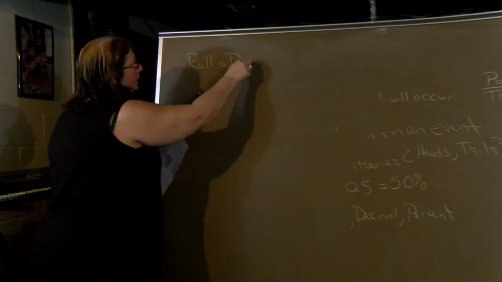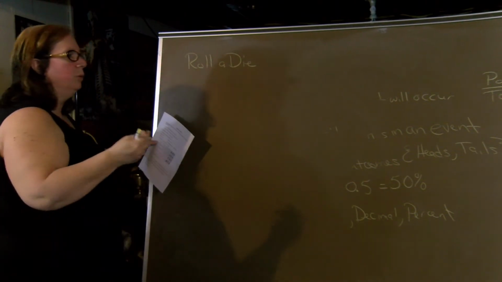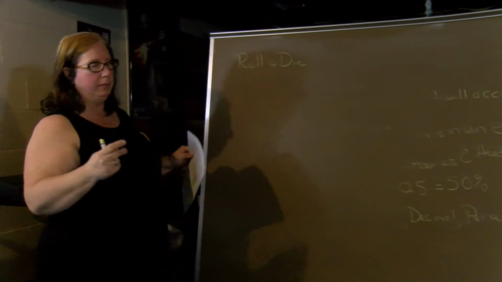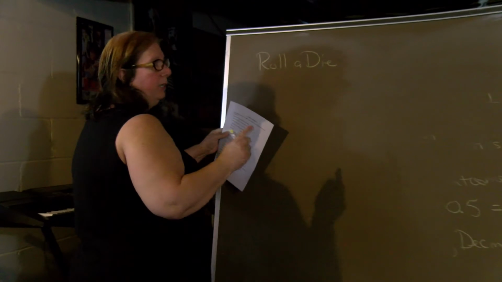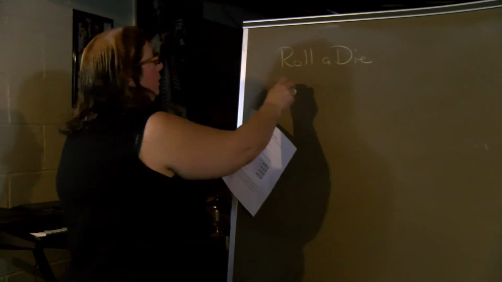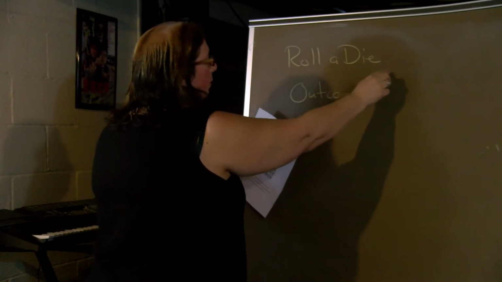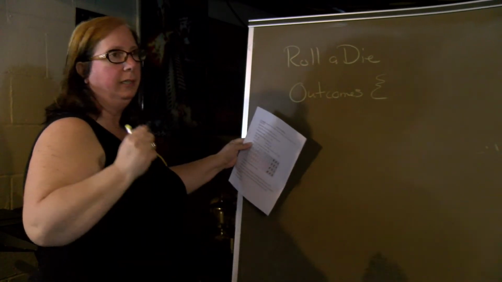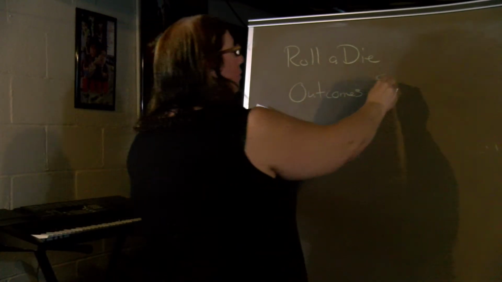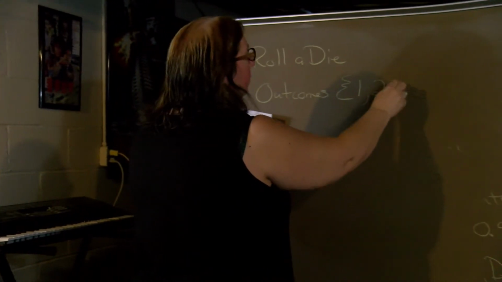Well, what if we look at a die? Because a die has more outcomes than tossing a coin, which only has 2 possibilities. But if we roll a 6-sided die, what are the outcomes? Well, think about it. You roll a die, you could get a 1, a 2, 3.